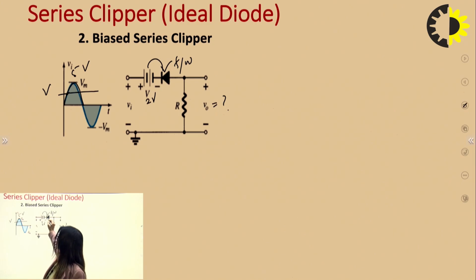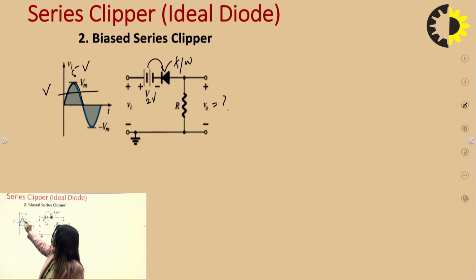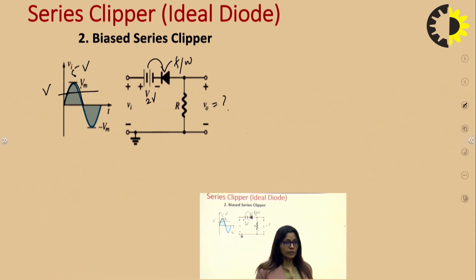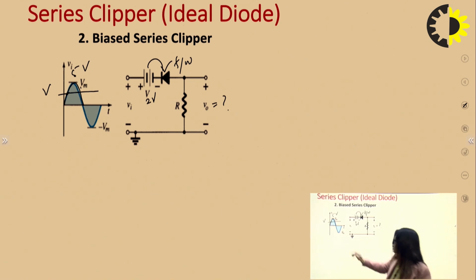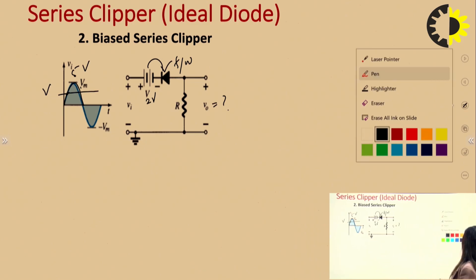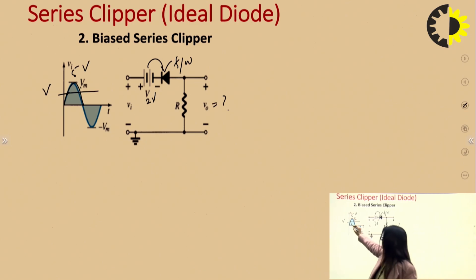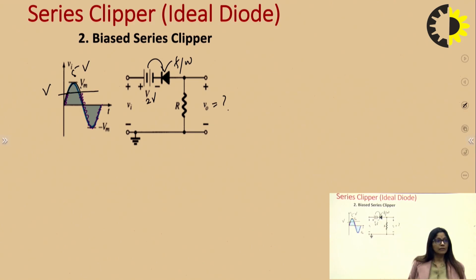This is making it forward, but this is making it reverse. So for this particular part, the diode will remain in the reverse bias condition, and for all the rest of the waveform, that means at this particular part and these two particular parts, this diode will remain in the forward bias condition, because both the battery and the input waveform will make it forward bias.